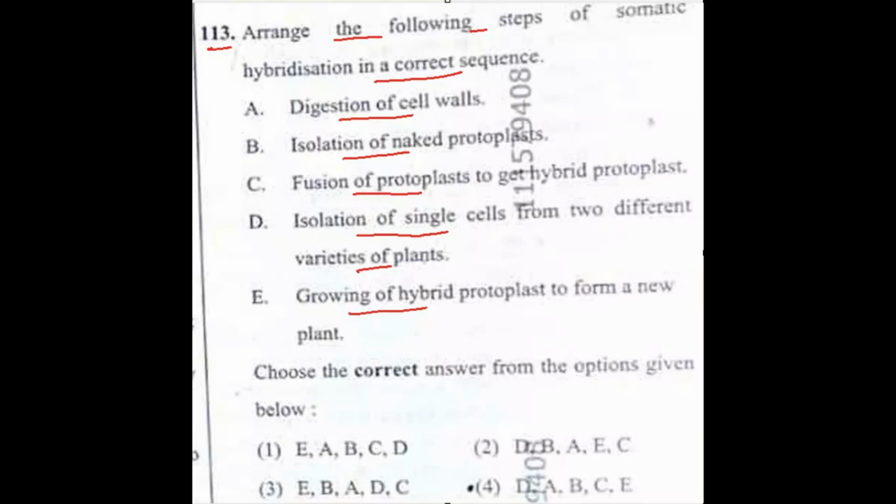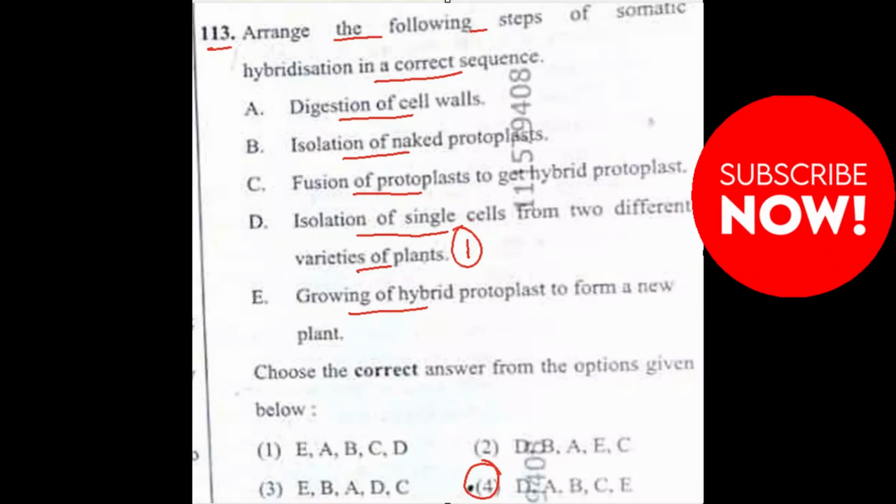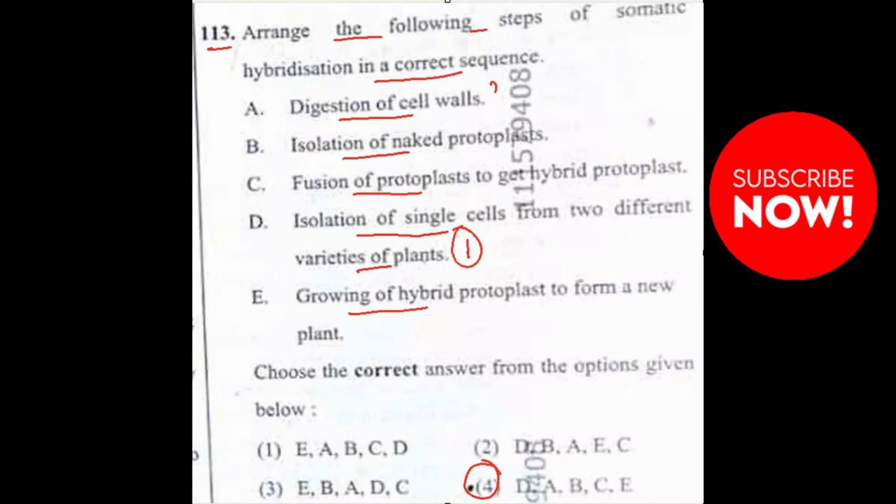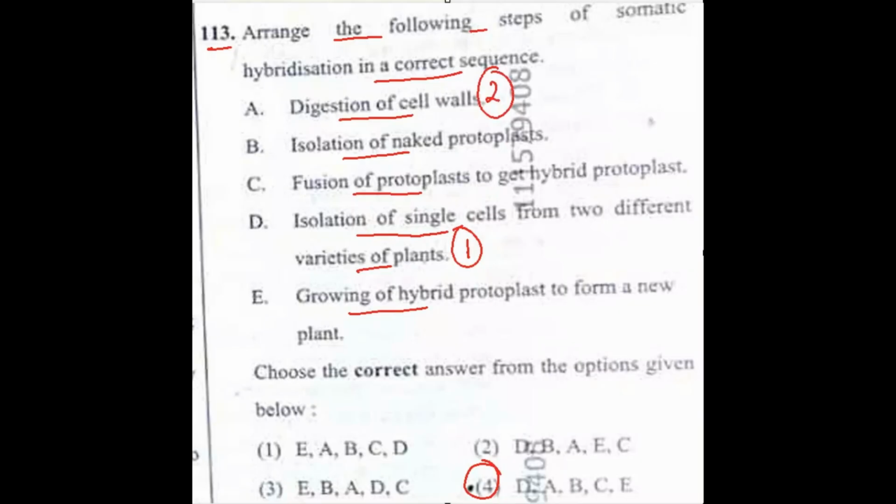So choose the correct answer from the options given below, and the answer is option 4, which means D will come first. That is isolation of single cells from two different varieties of plants. And then comes A, digestion of their cell walls. Now then B comes, isolation of naked protoplasts.